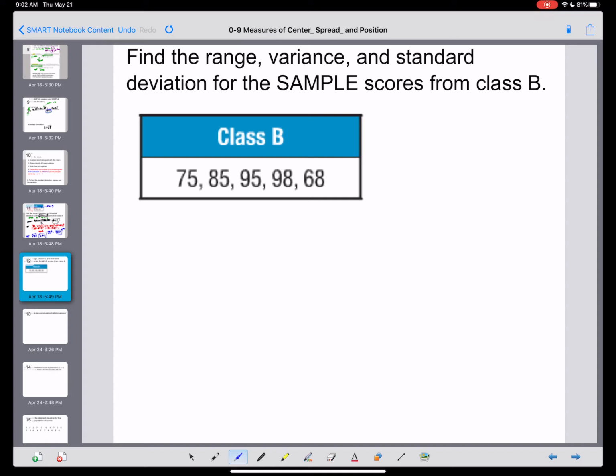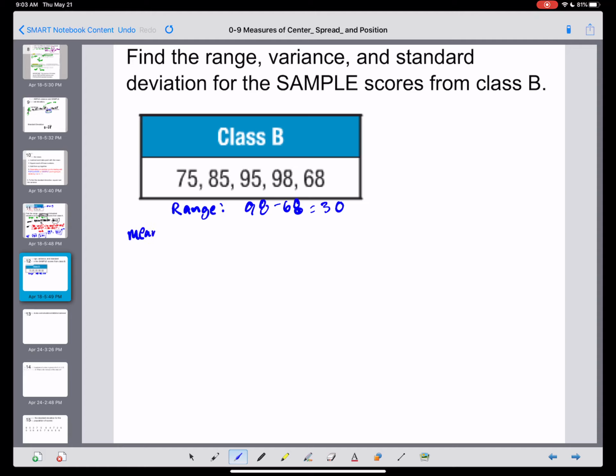You're going to have two tables and you're going to do the standard deviation and variance for one table, and standard deviation and variance for the other table. I'll show you what I mean. So range is 98 minus 68, which is 30.